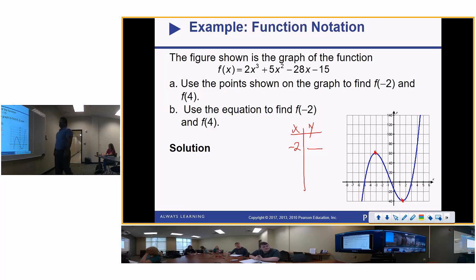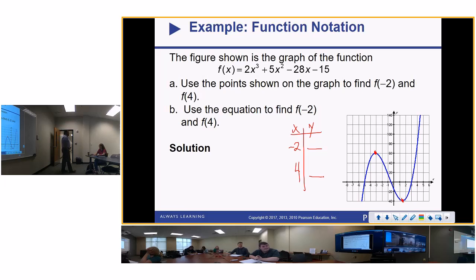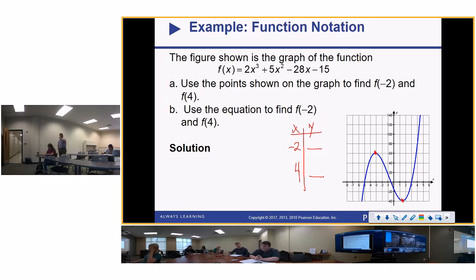What is this? Negative 2. What is this? 4. You can either use the graph or take those two numbers and plug and chug.